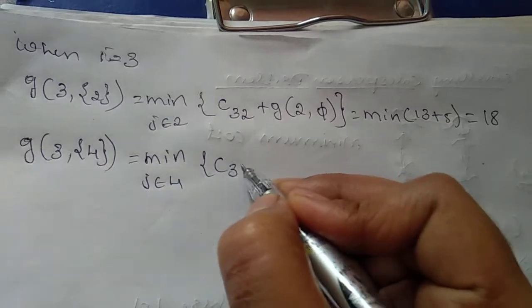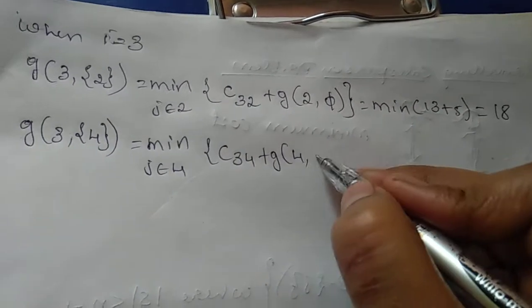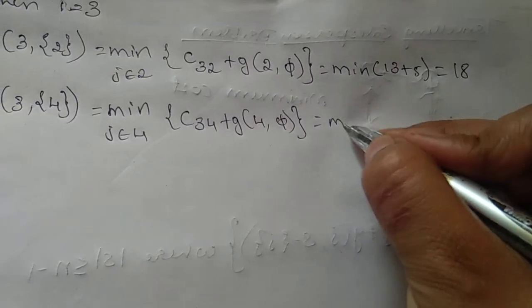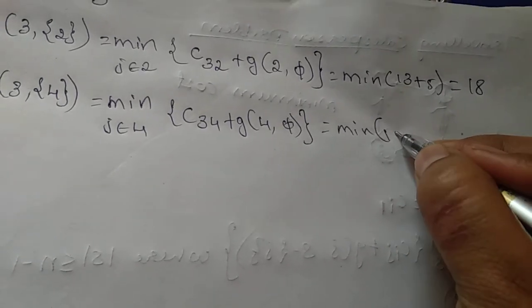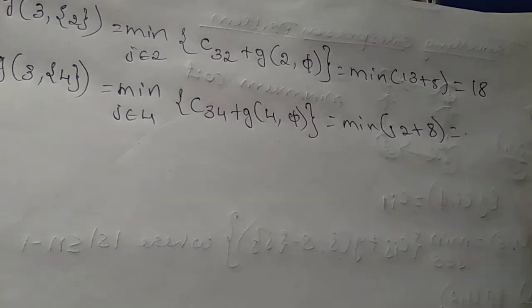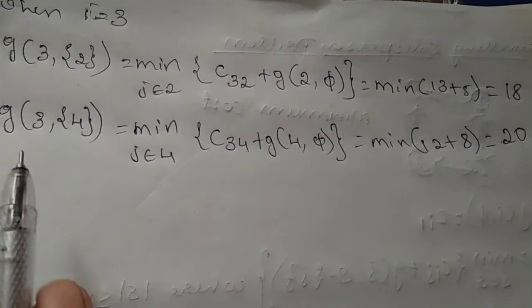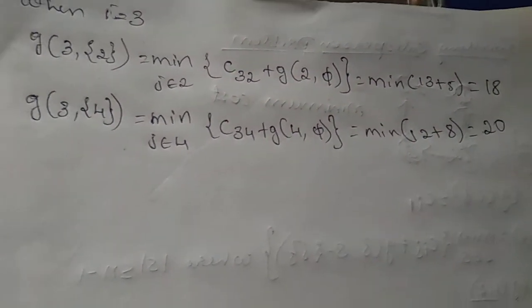Now see, 3 to 4 plus g of 4, 5. From the matrix, 3 to 4 is 12, plus 4, 5 we have already calculated, it is 8. Then it is 20. From 3, if it goes to 4, it is 20. From 3, if it goes to 2, it is 18.